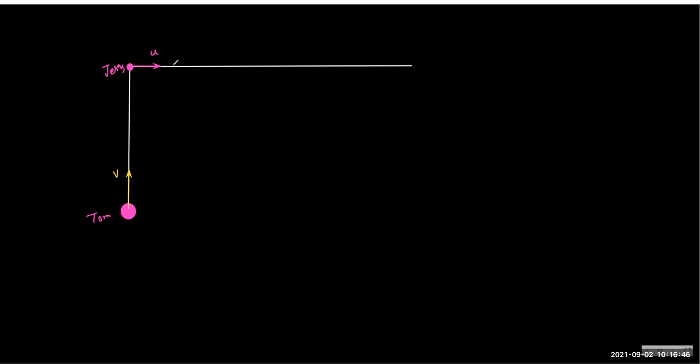Jerry will be here, Tom will be here, so you can join the line, maybe something like this. Then after some time, you can join the line something like this. I'm just doing it randomly.